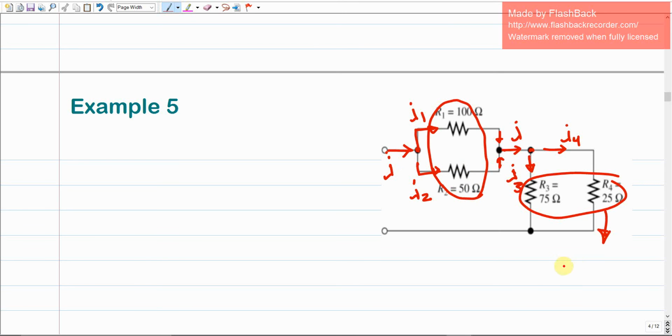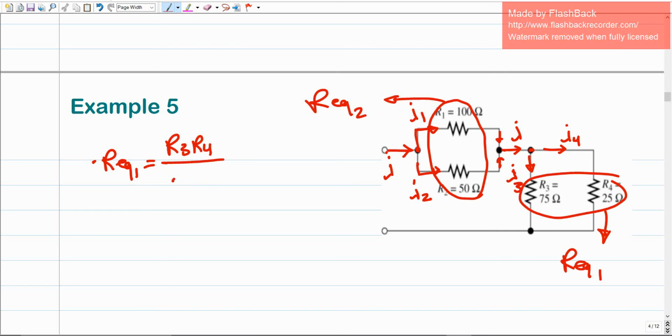So we're going to combine these two into R equivalent 1, and then combine these two into R equivalent 2. It doesn't matter which one is R equivalent 1 and which is R equivalent 2. If we decided to calculate R equivalent 1, how much should it be? It should be their multiplication, R3 times R4, divided by their sum, R3 plus R4.